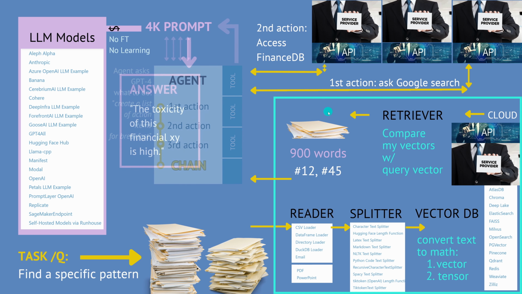And you're not going to believe it, after some time we get an answer back, and the answer is, for example, the toxicity of this financial derivative XY, I don't know what, a bond structure, is high. So whatever your original question was, now you have an answer based on your financial accounts, based on a specific Google search on the risk of this financial product, and you also had access to an expert finance database, where you checked the, I don't know, performance of the last 5 years that were confidential.